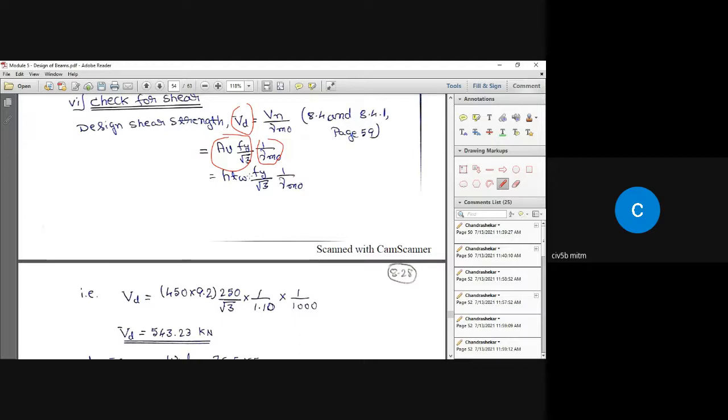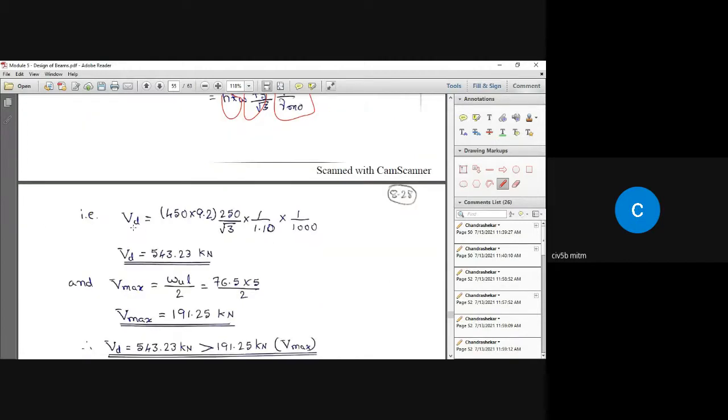Sometimes they call the total depth capital D, sometimes H. So this is the shear area, then the design shear strength, and the partial safety factor will give you the design shear strength of the section, VD.